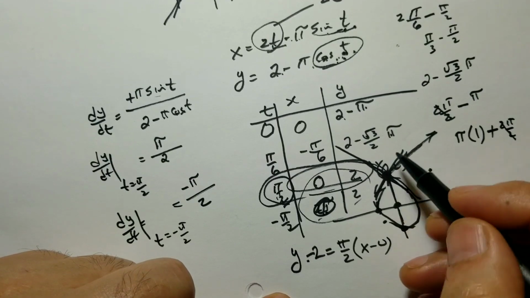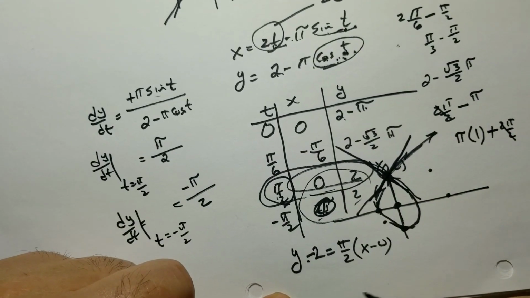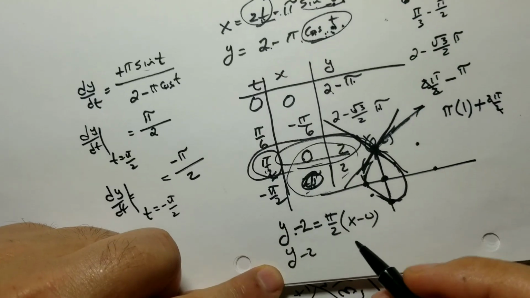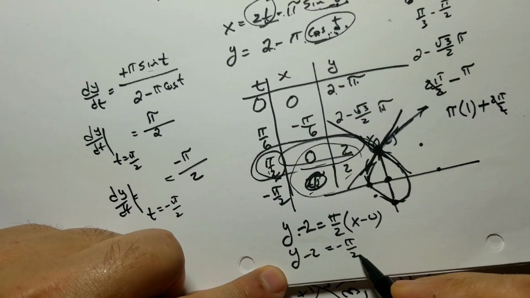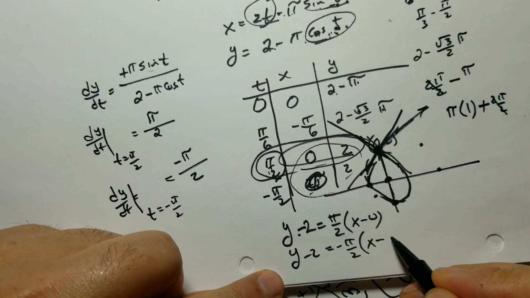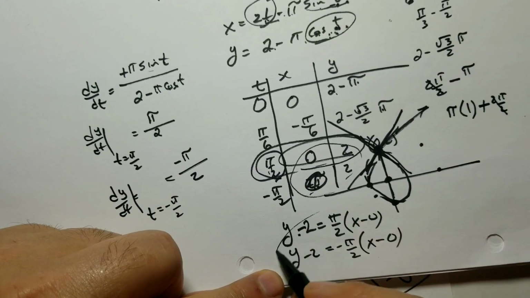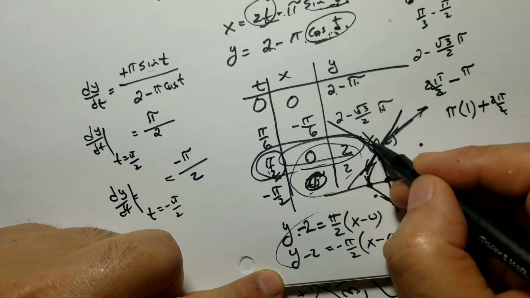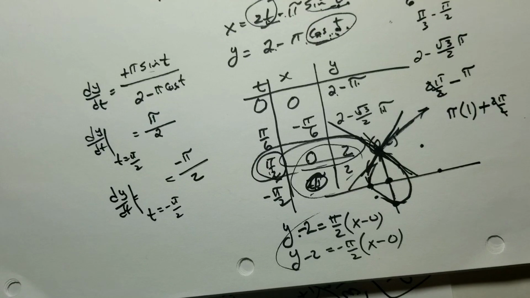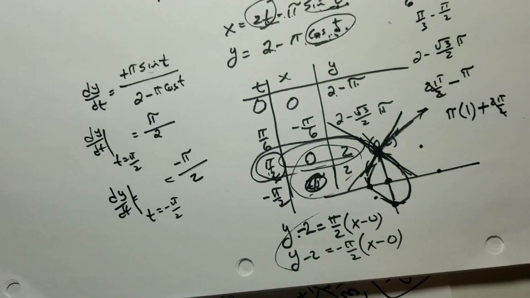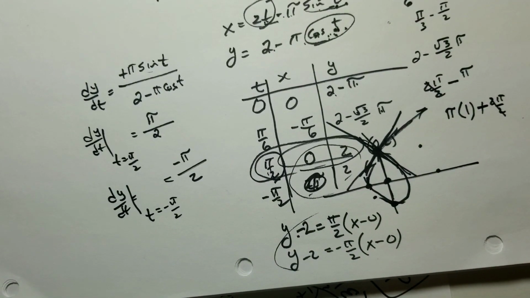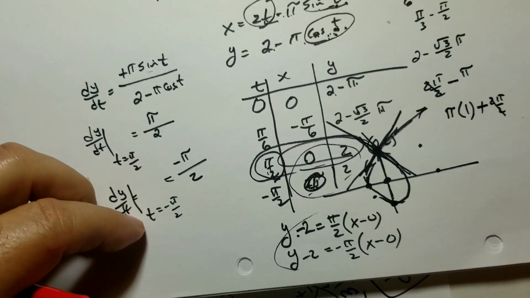That's for the rising line right here. And for the falling line, it becomes negative π/2 times x minus 0. Therefore, this is for the falling line right here. So unlike the Cartesian, at one point, you may have more than one tangent line.